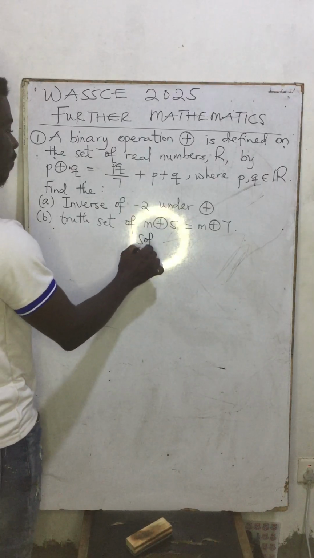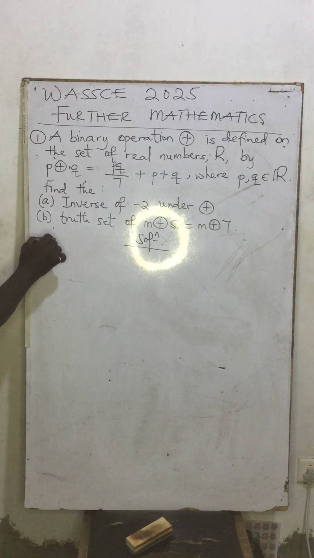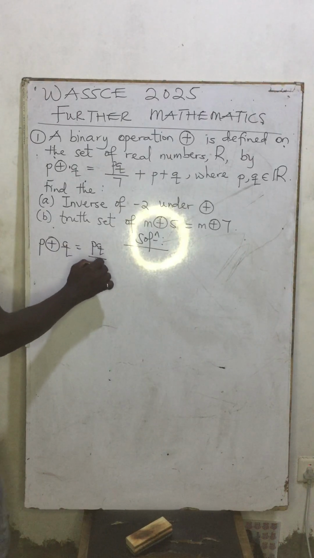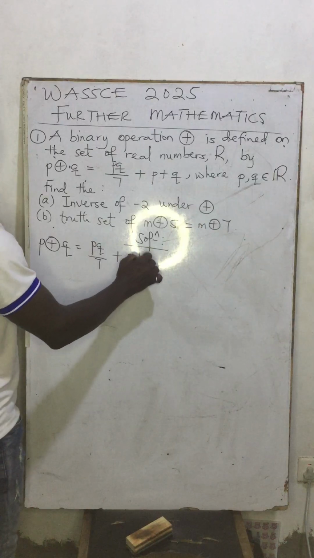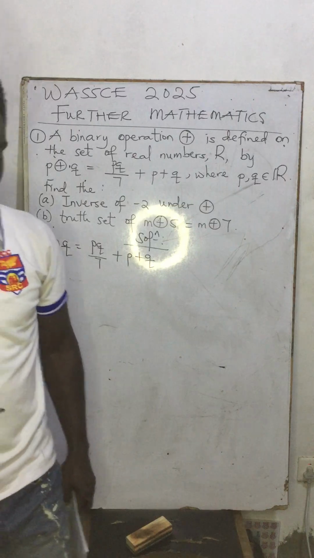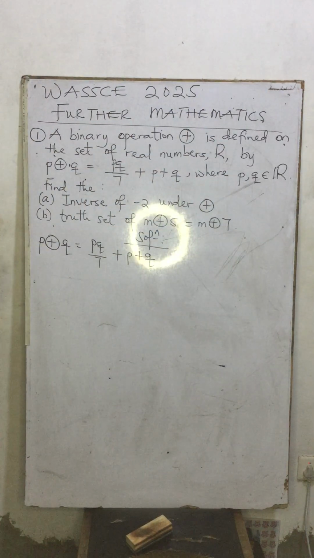So solution here. We have P operation Q equal to PQ over 7 plus P plus Q. We want the inverse of -2. Now, to find the inverse, you need to find what? The identity element, which is the neutral element, before you can find the inverse element.